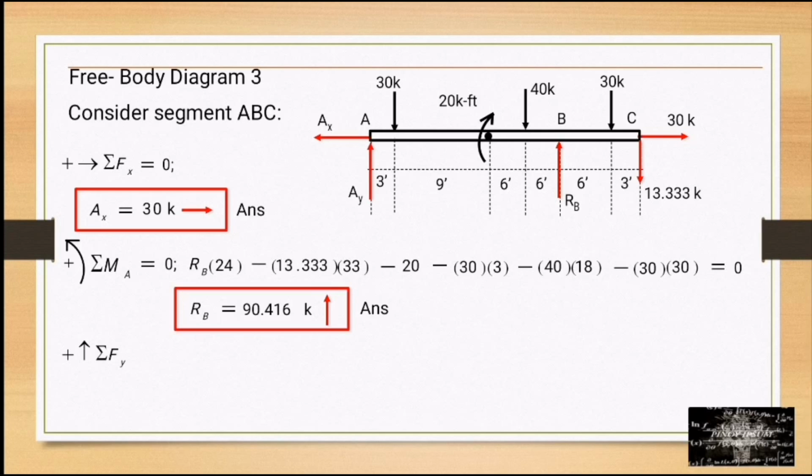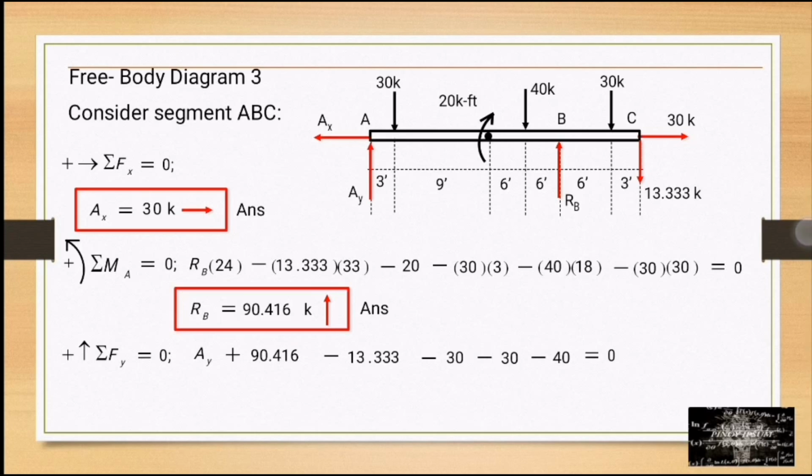So, summation of forces along Y is equal to 0. So, makukuha natin yung value ng AY. AY is plus 90.416 minus 13.333 minus 30 minus 30 minus 40 is equal to 0.